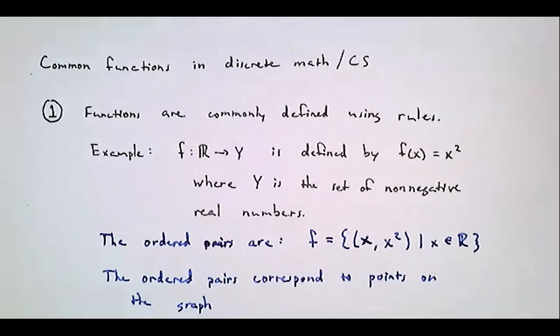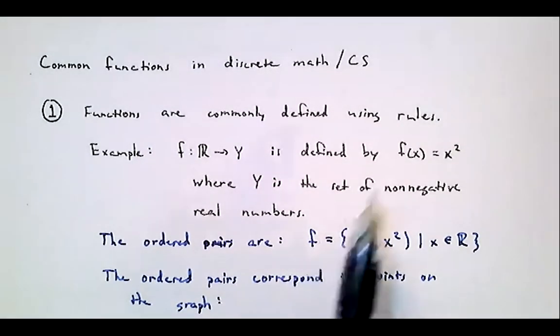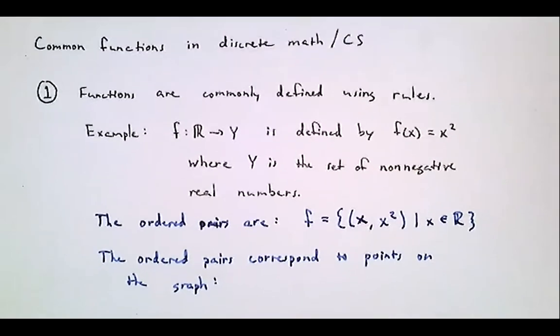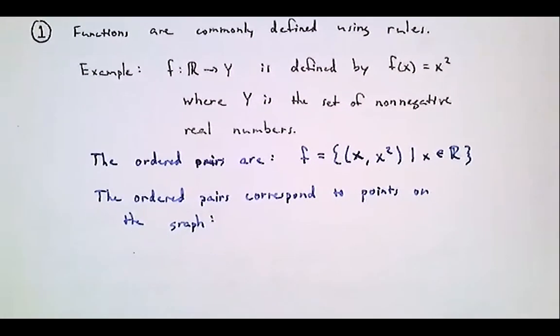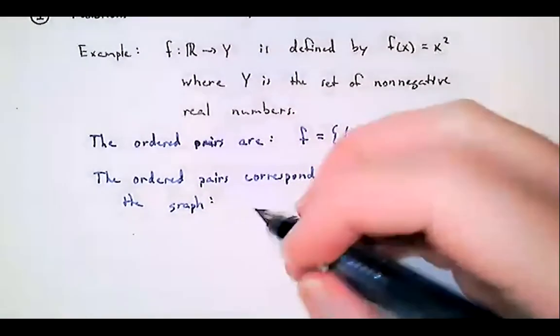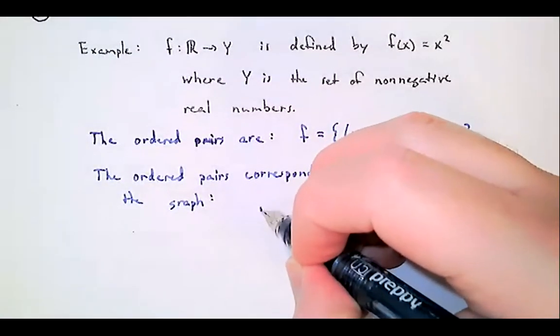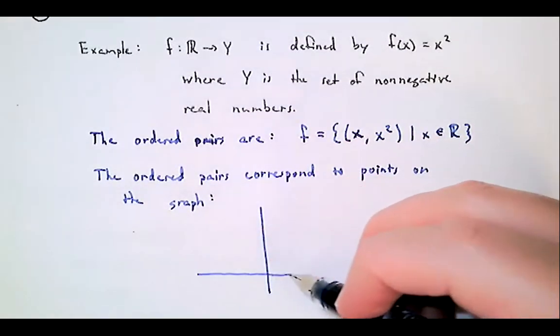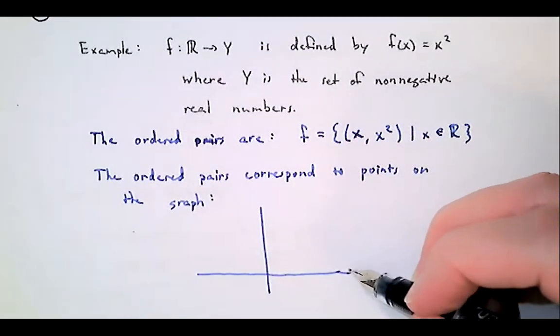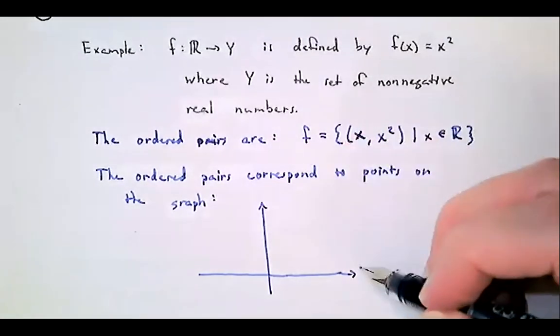And maybe we can just make a quick sketch of this particular function, f of x equals x squared. We know this is the parabola, the basic parabola with vertex resting on the origin.